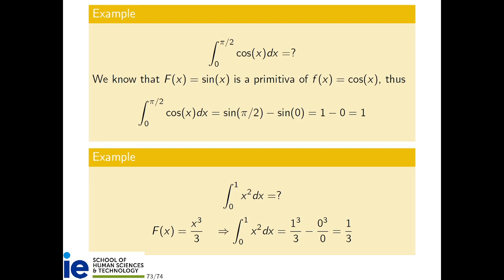So in particular, since sine is a primitive, then the integral between 0 and pi over 2 of cosine is sine evaluated at pi over 2 minus sine evaluated at 0. Now, it doesn't matter if you remember this or not, one can show that the sine at pi over 2 is 1 and sine at 0 is 0, and so the value of this integral is indeed 1. There is another example that you can look at if you think it may be useful.